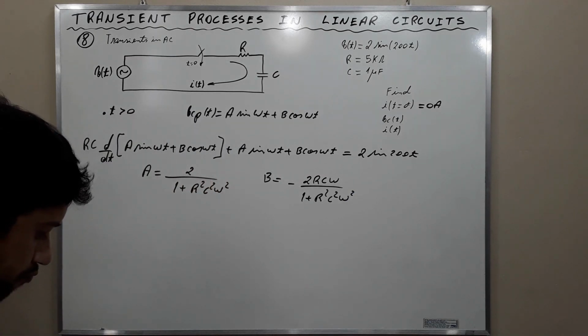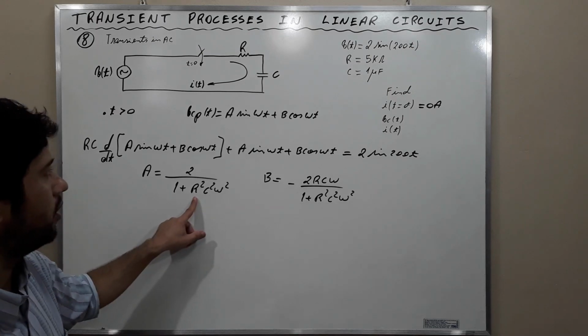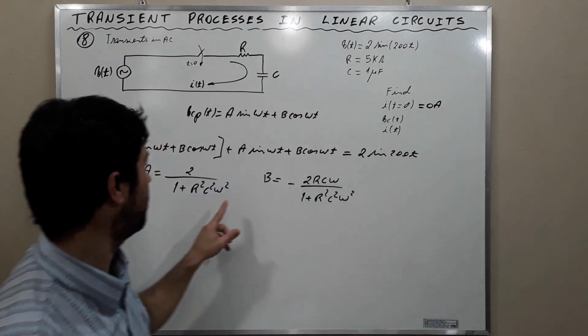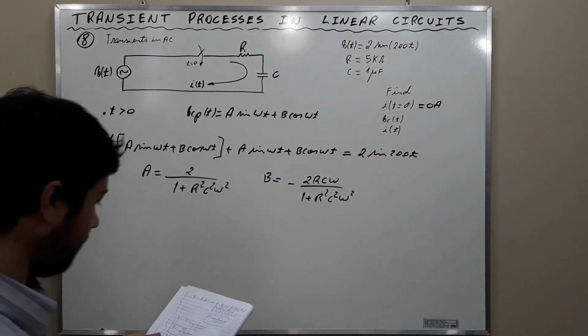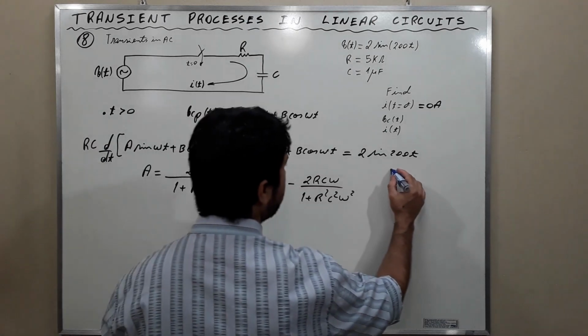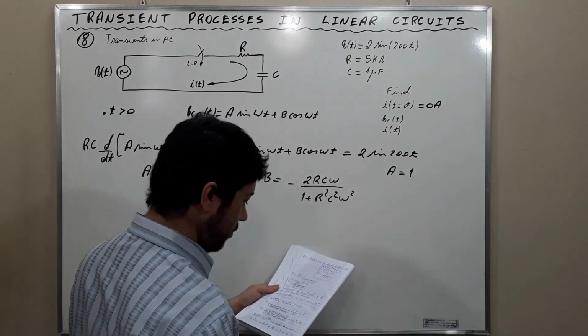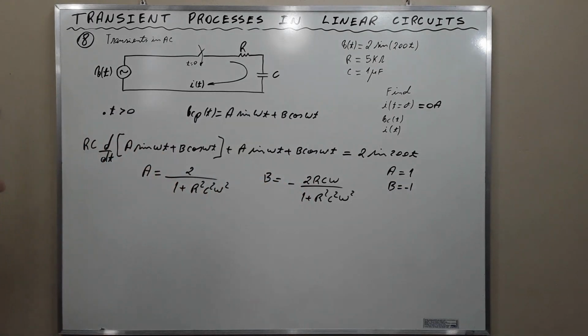And if we substitute these values here, R, C, and W, we find that A is equal to 1 and B is equal to negative 1, okay?